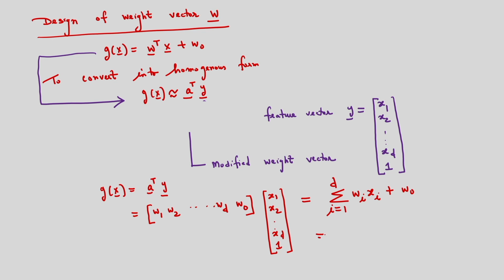That is actually equal to W transpose X plus W naught. So here we are converting the previous equation G(x) equal to W transpose X plus W naught into homogeneous form, and for this we are considering the augmented feature vector and the modified weight vector.